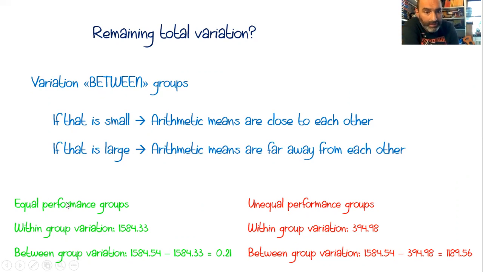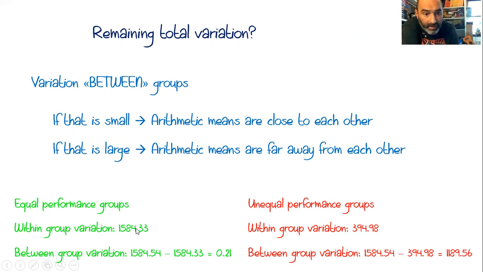So in the equal performance groups, you got a within group variation of 1584.1333, subtracted from the total variation. In analysis of variance, when I say variation from this moment on, I'm talking about sum of squares, not variance. That's why I'm not saying variance. I'm saying variation, and I mean sum of squares. So total sum of squares minus within sum of squares, you get 0.21.